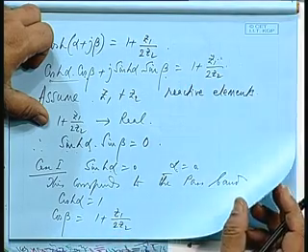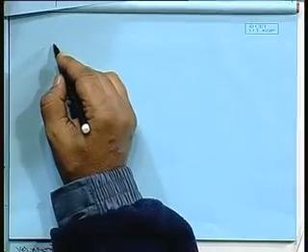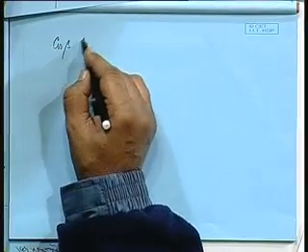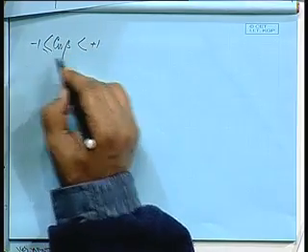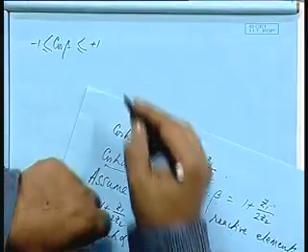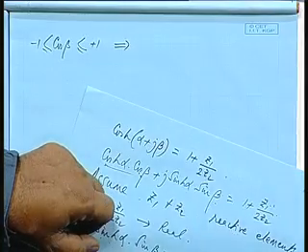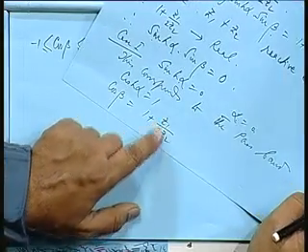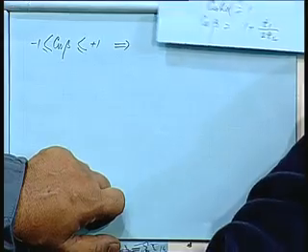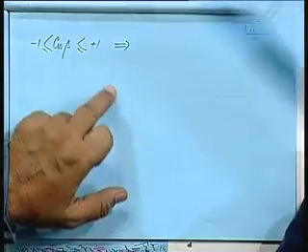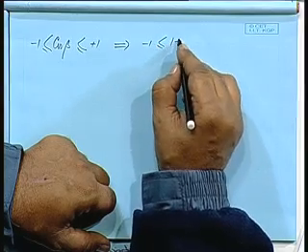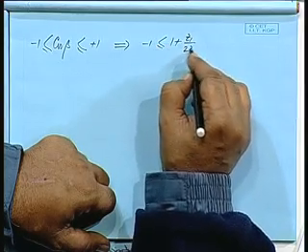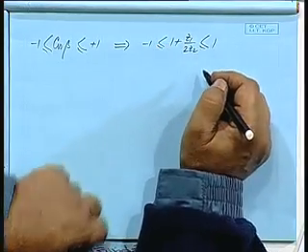Okay. But cos beta in magnitude cannot be more than 1. That means, we know cos beta must lie between plus 1 and minus 1, is it not? So, that means 1 plus Z1 by twice Z2 should lie between minus 1 and plus 1.